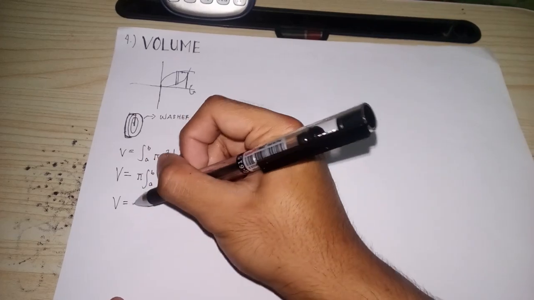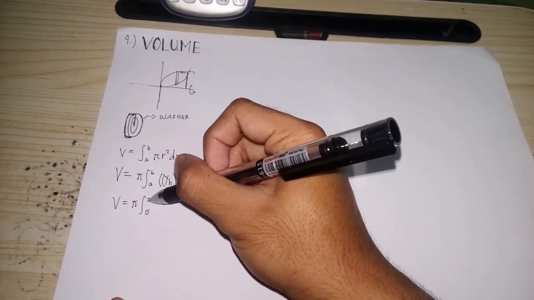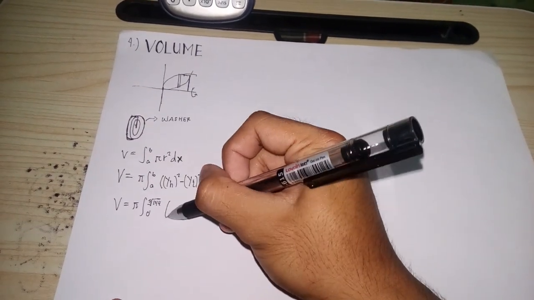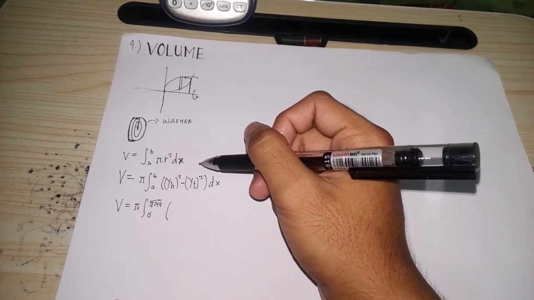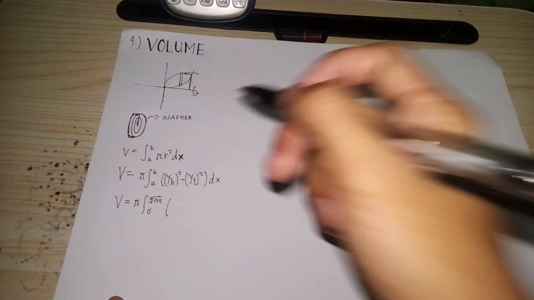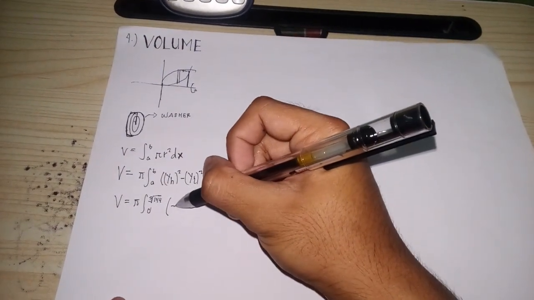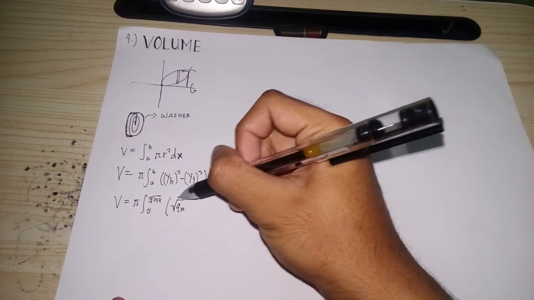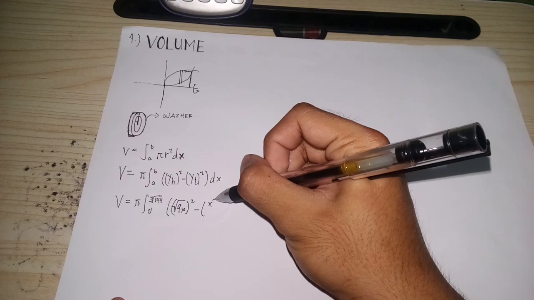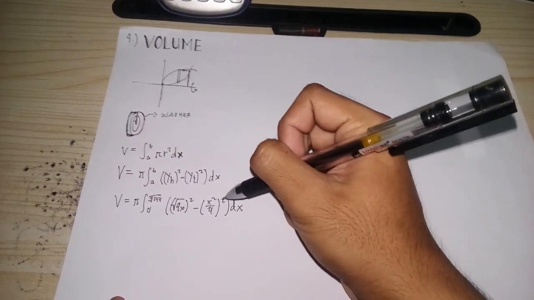So volume will now become pi from 0 to cube root of 144. Then this will now become square root of 9x to the power of 2 minus x squared over 4 raised to the power of 2, then dx.